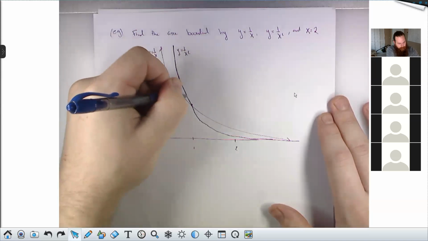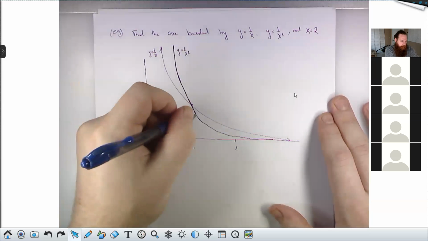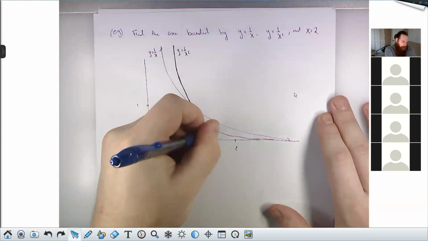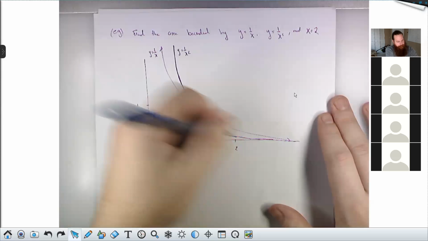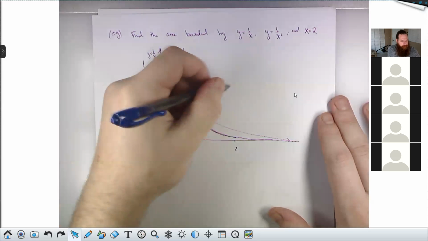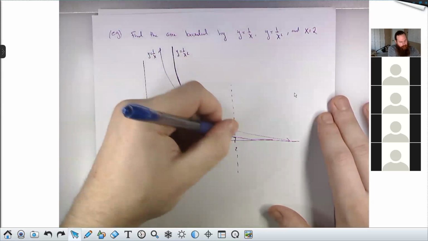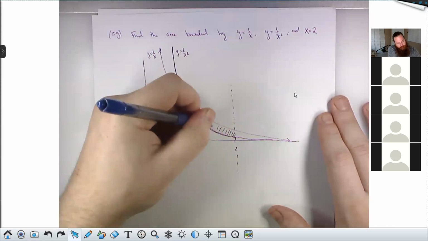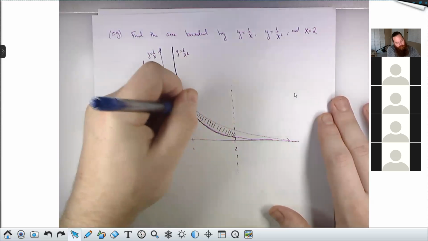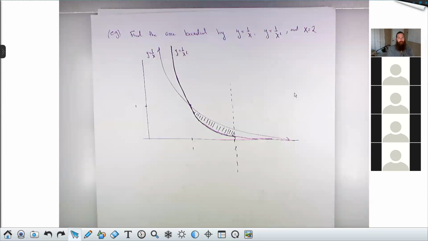Okay. So something like this. And then the line x equals 2, that's a vertical line right here. So the region they're looking for is this one. So this guy is 1 over x.